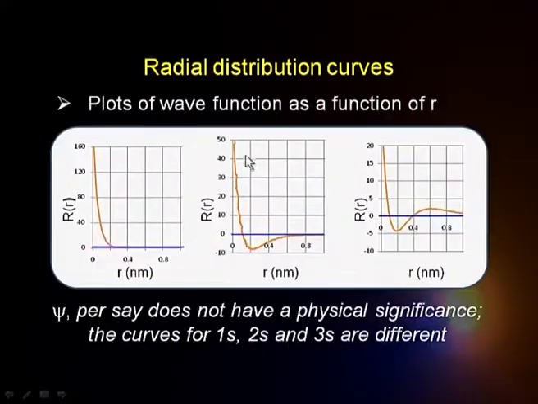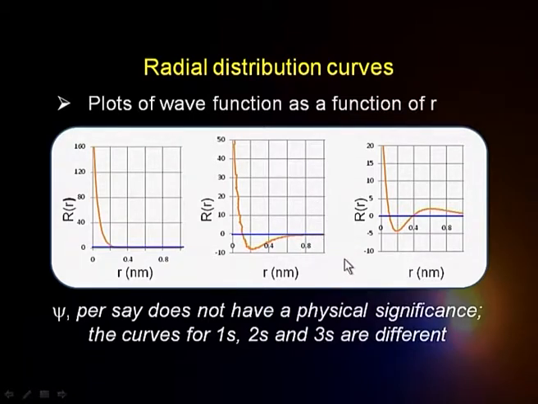If I look at the same for the 2s orbital, the value is again very large close to the nucleus and comes down sharply as before, but after a certain distance from the nucleus it becomes 0 here, then becomes negative, comes to a certain minimum, starts increasing again, and after a certain distance comes to 0 and continues thereafter.